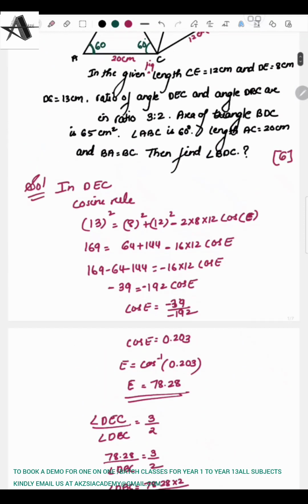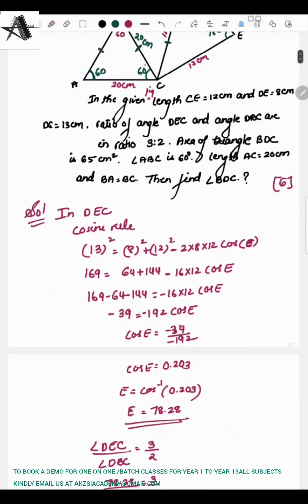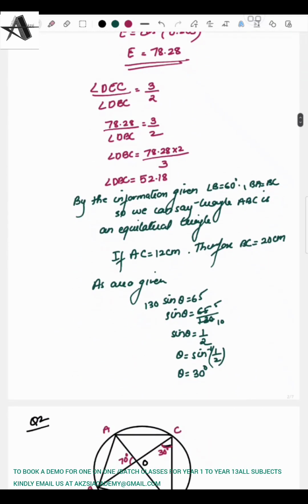So theta, that means what angle? Angle BCD. Here let me write angle BCD, that will be much better to understand. So angle BCD is finally 30 degrees.